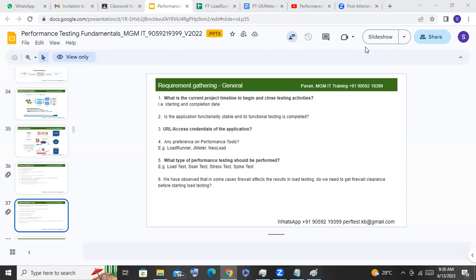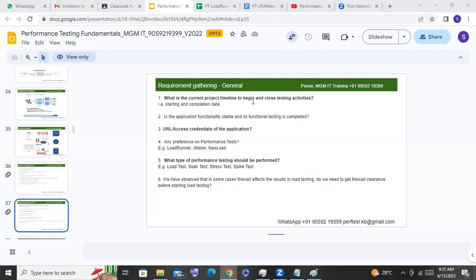So, what is the current project timeline to begin and close the testing activities? You have to be very careful over here, whether it is a waterfall project or an agile project. If it is a waterfall project, then when would you start and when would you end? You would also have to be very careful in the waterfall project because the development cycle is complete and the major bugs in the functional testing have been resolved.